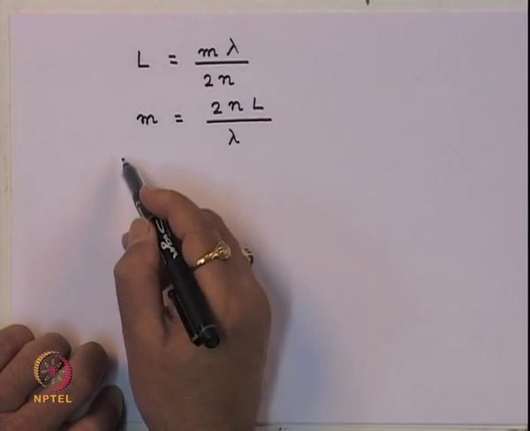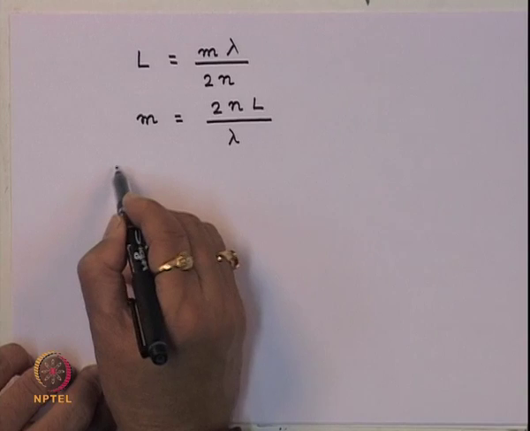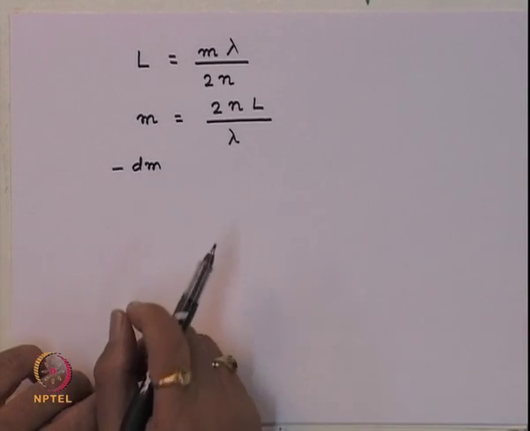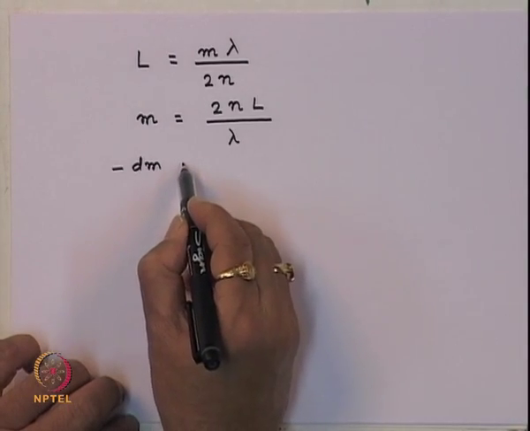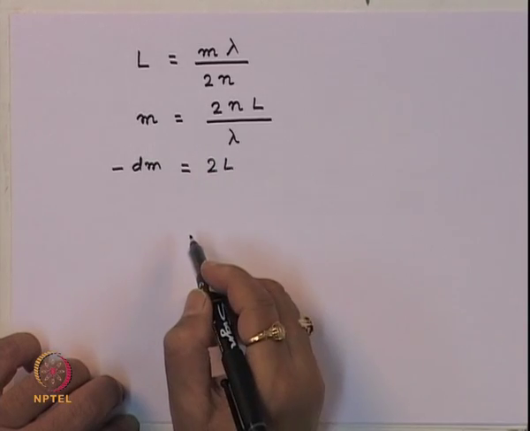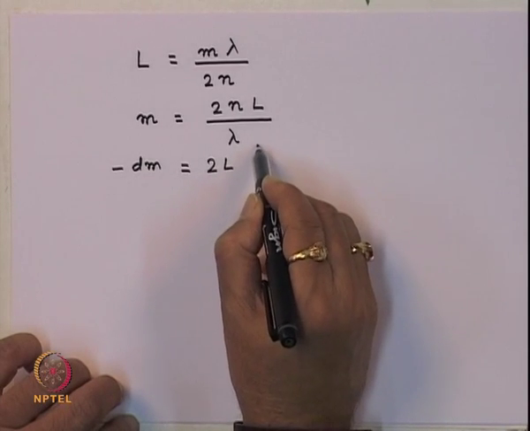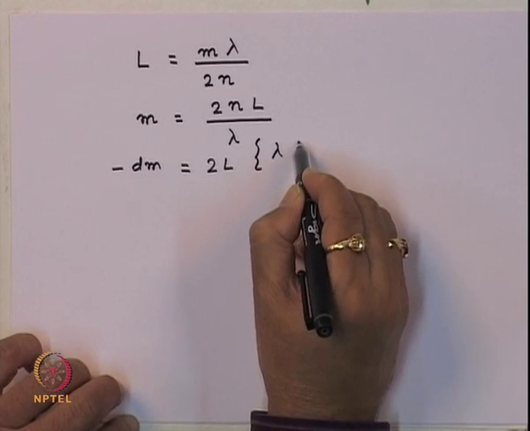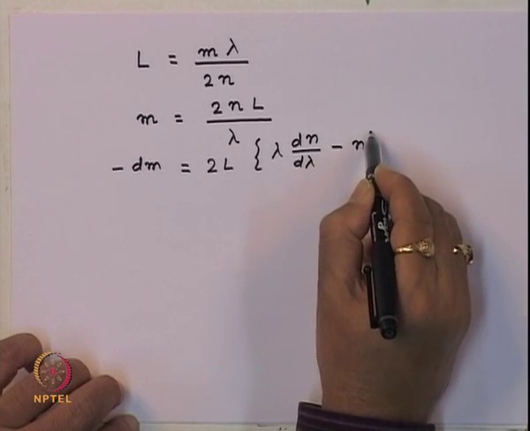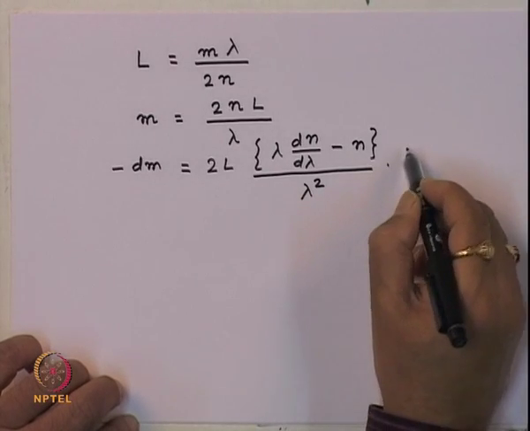So, as we have done earlier, to find out the separation between the modes, if I differentiate this with respect to lambda, you will get the change in m, which is the modal index, that is equal to 2L times the derivative of this quantity with respect to lambda, that is lambda dn by d lambda minus n, divided by lambda square, multiplied by d lambda.